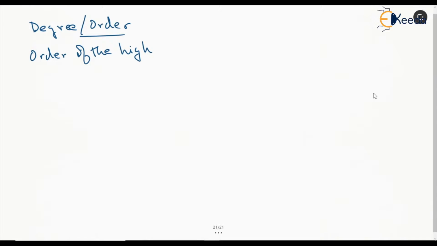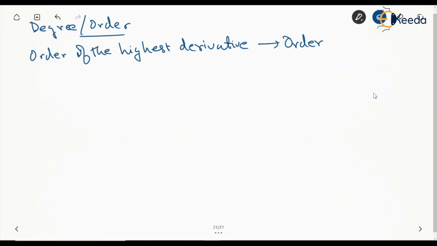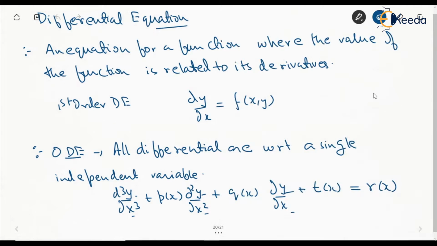So now we need to see what is degree and order. Well, order is that of the highest derivative. Like in the previous example, we have the highest derivative as third order derivative. This is third order derivative.